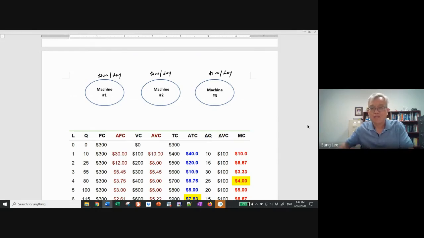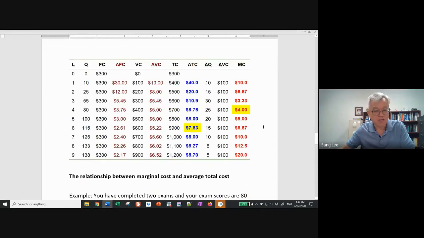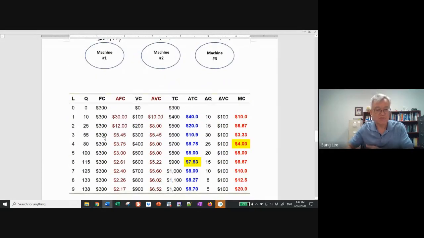Now, depending on how much you produce, you may hire 1 worker or as many as what? 9 workers here. Okay, so the first column denoted by L, this is the number of workers you use per day.